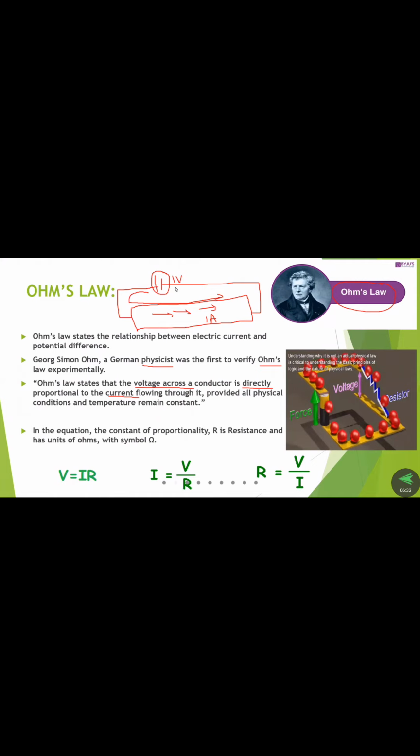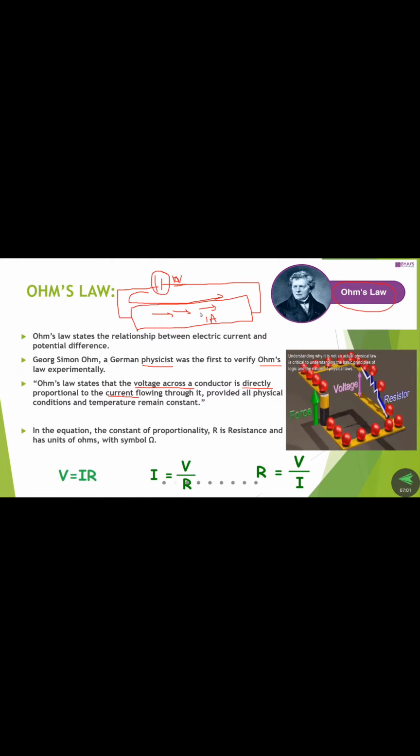It depends on resistance, voltage, temperature, nature of material. Those are the other factors, right? It is not an important thing, but we should understand the concept. When we apply 1 volt, 1 ampere current flows through the conductor. Similarly, when we increase to 10 volts, the current flowing through the conductor is also 10 amps.